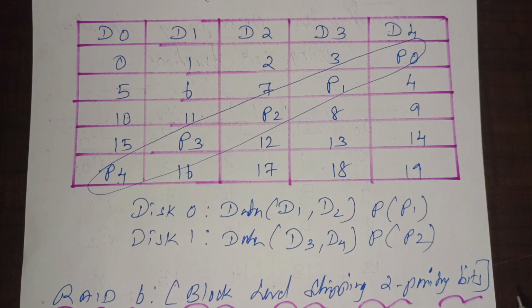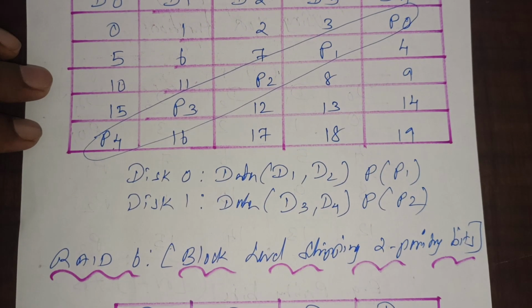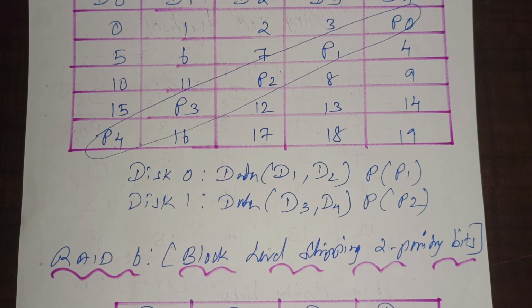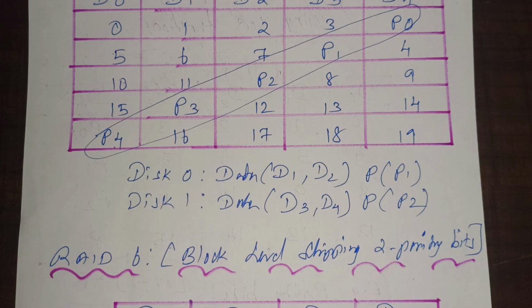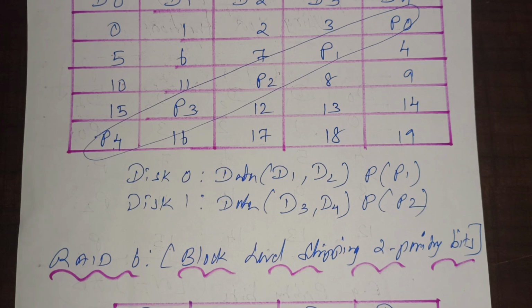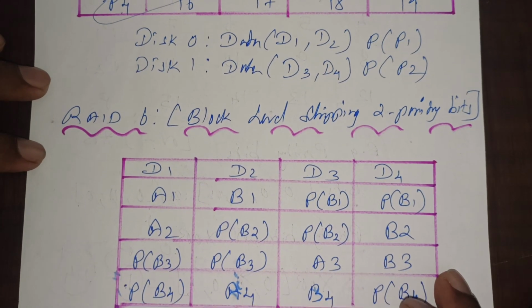It is not only in RAID 5, it is always whichever disk has parity bits, if the disk fails, then the complete process is lost. So whatever we do for minimal accessibility and minimal performance, if we go for the advanced technology, absolutely this process has to be enhanced and improvised. So this is how RAID number 5 works.